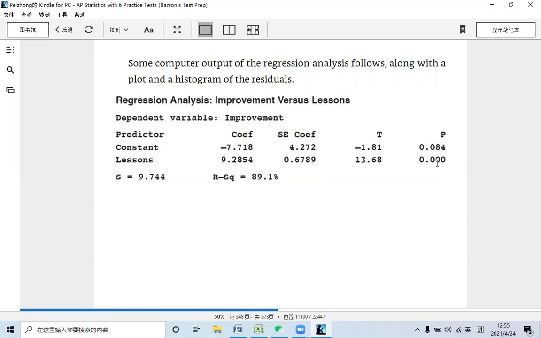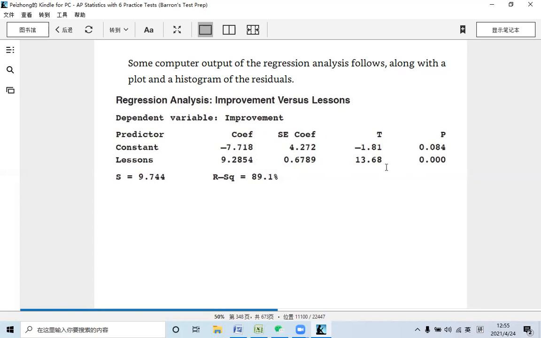Very small, very unlikely that this big difference of 9.285 is produced by random chance. So it's probably not by random chance.